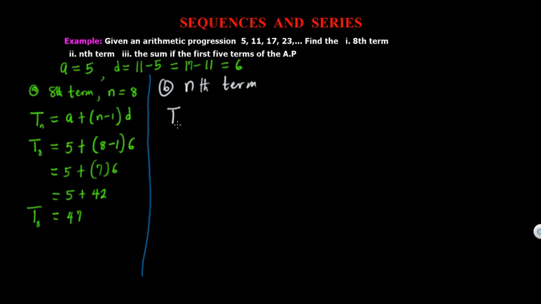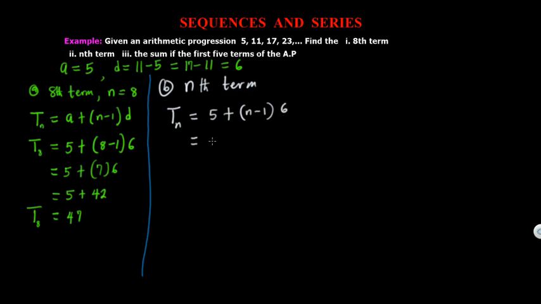So the nth term equals, we already know the first term, which is 5, plus, since we don't know what n could be, n remains n minus 1, close the bracket, you multiply by the common difference, which is 6.